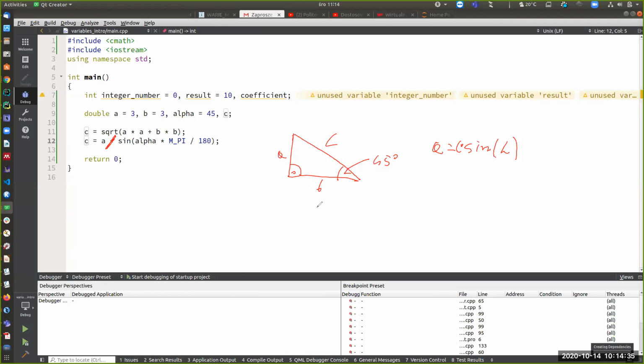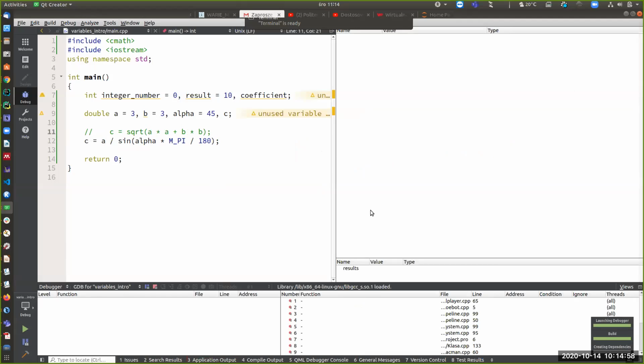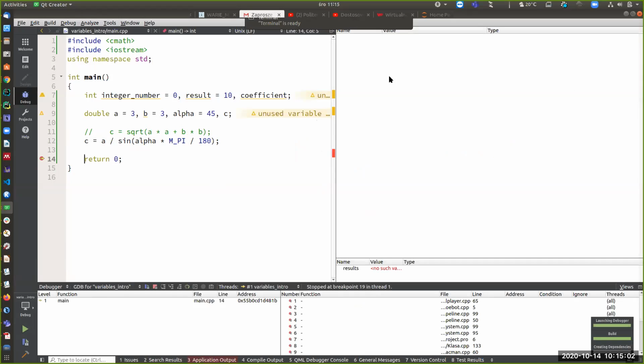Yeah, so this is my error. Okay, so now it should work. The result should be the same as for the square root. Breakpoint. Okay, so 4.2. So it works.